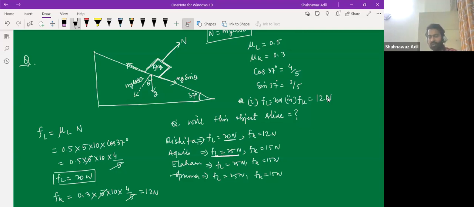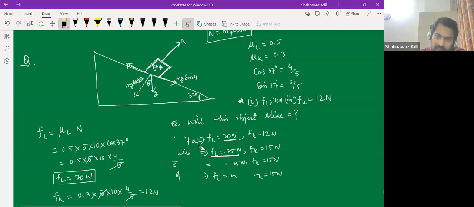So what will contribute to the sliding? mg sin theta. Absolutely right. So mg sin theta will contribute to the sliding part, and we have to check the limiting friction against mg sin theta, right, everyone? Yes, sir. So now let us calculate.